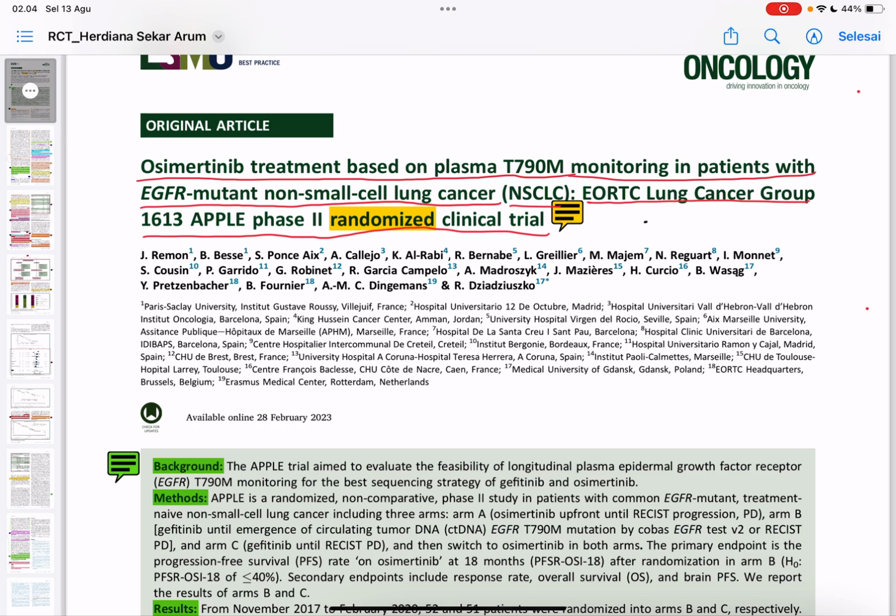First of all, identification of the components of the title using SPICED. I cannot find the components of setting and population in the title. We can identify the T as the intervention, NSCLC as the condition, and effect or effectiveness as the endpoint, and RCT as the design of the study.